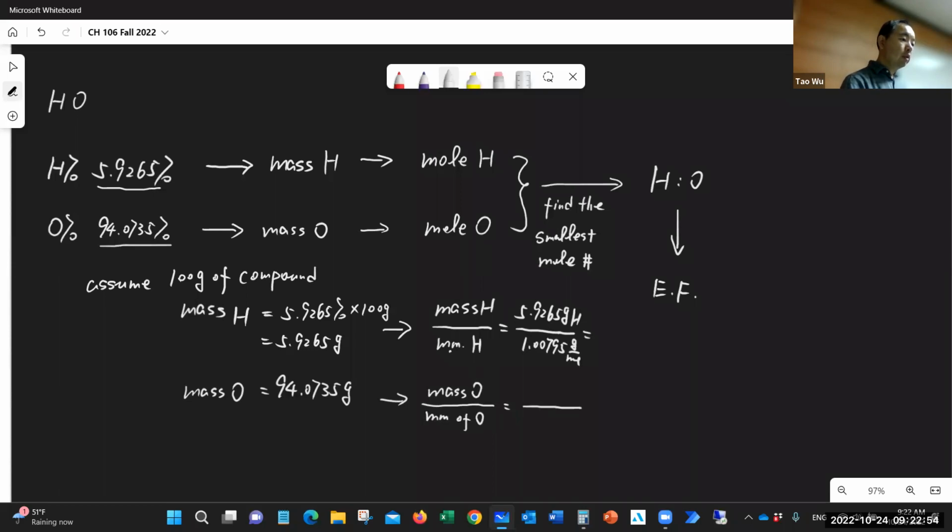The mass of oxygen is 94.0735 grams, divided by the molar mass of oxygen, which is 15.9994 grams per mole. And then you figure out the moles of hydrogen and the moles of oxygen.